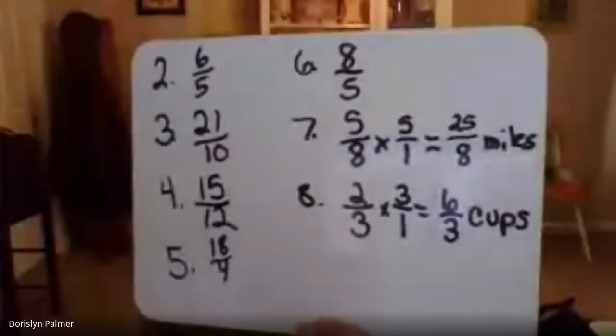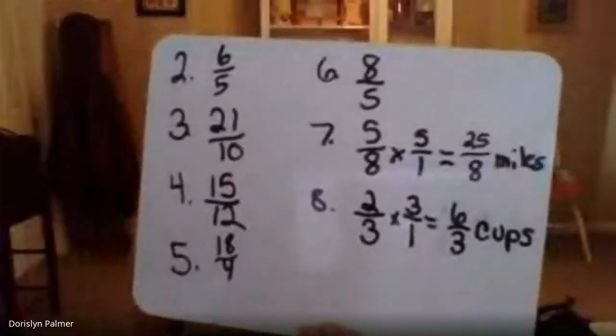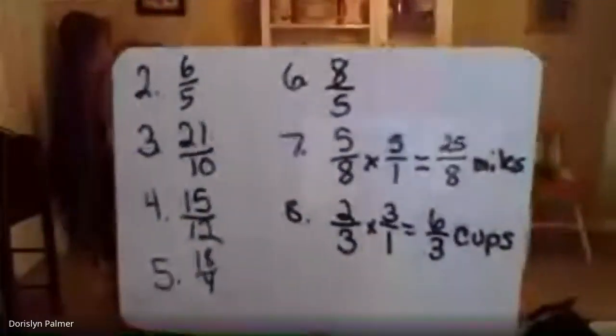And what label do you want to give it? 6/3 cups of milk. Yeah, you could just say cups. 6/3 cups. Good job. Or 6/3 equals 2. Right. All right, you can cross off number 9.